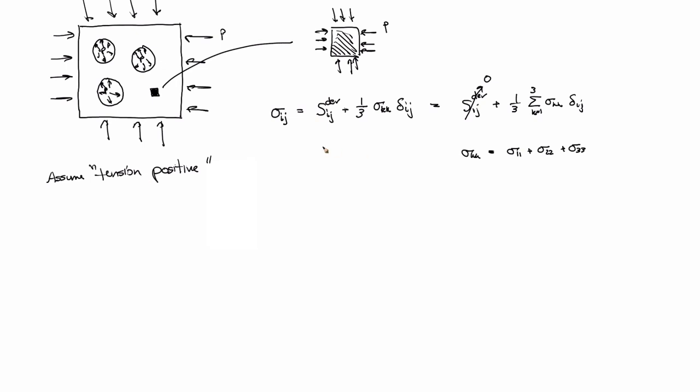So anyway, ultimately we're going to define the pressure as 1/3 sigma kk delta ij. And I think last time I told you what delta ij is. It's called a Kronecker delta. When i equals j, it's 1. When i is not equal to j, it's 0.